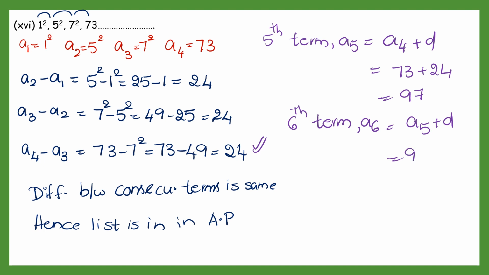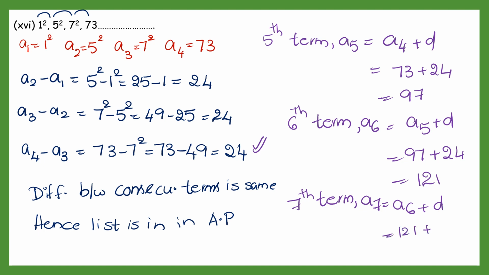Fifth term we got 97 plus common difference 24. So, you get 90 plus 20, 110, 7 plus 4, you get 121. Next, seventh term. A7 is nothing but the sixth term plus the common difference. So, 121 plus 24, we get 145.